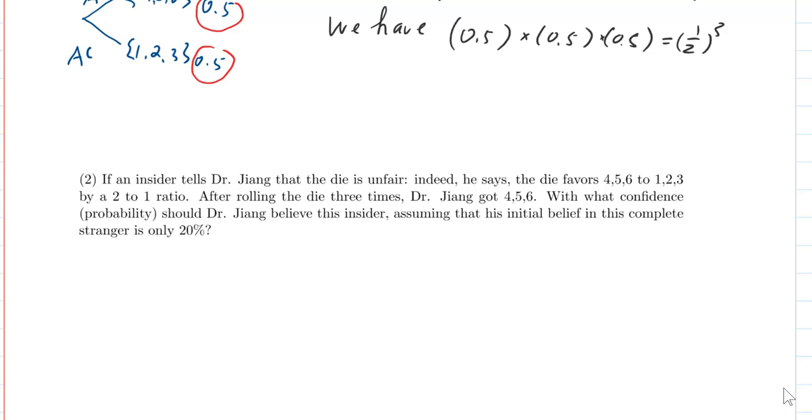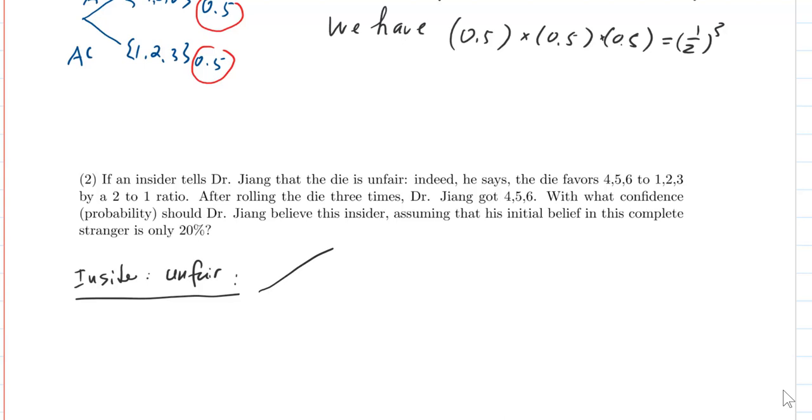Not only did he know the die is unfair, he actually knew the die favors the bigger numbers, 4, 5, 6, to 1, 2, 3 by 2 to 1. Okay. So what does that mean? This is the insider's view. According to the insider, this die is unfair, but unfair in a very specific way.